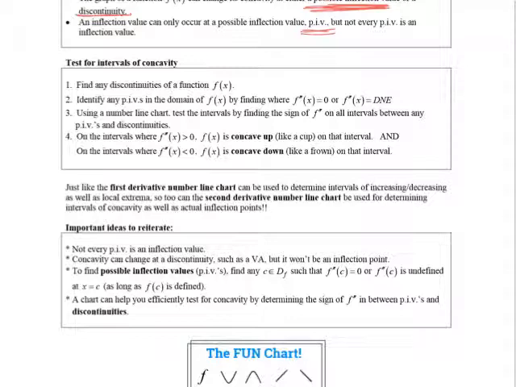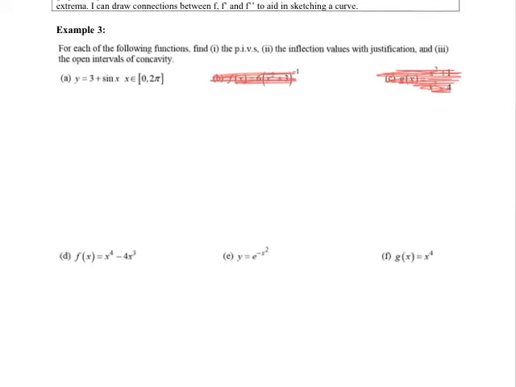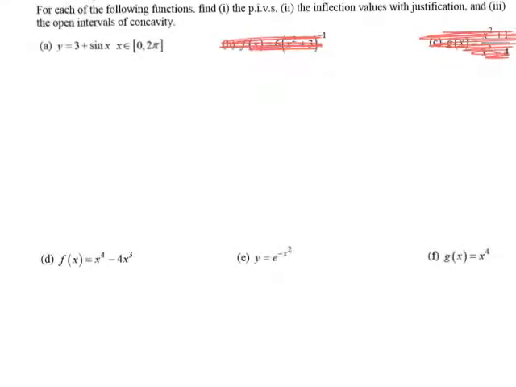Okay, let's do it on example number 3a. For the sake of saving space and time, we're going to strike these two problems. It's probably worth trying to work them out yourself, but for the sake of the video, I'm only going to focus on a few of these.